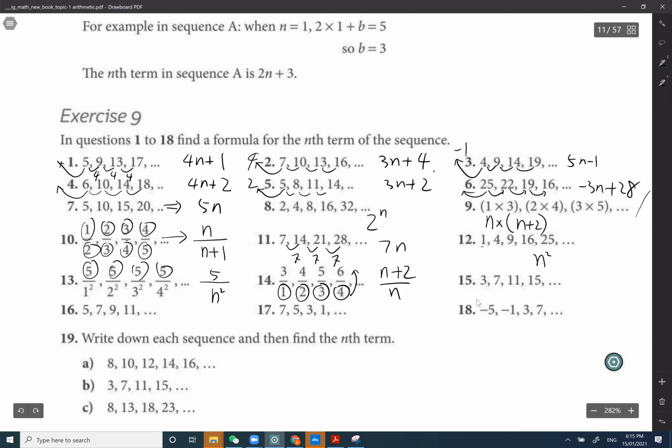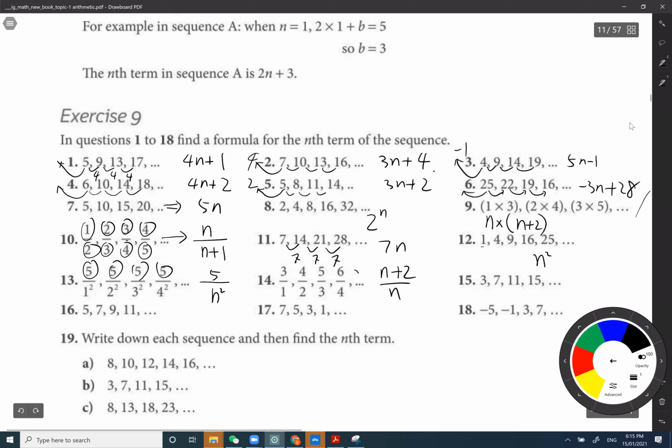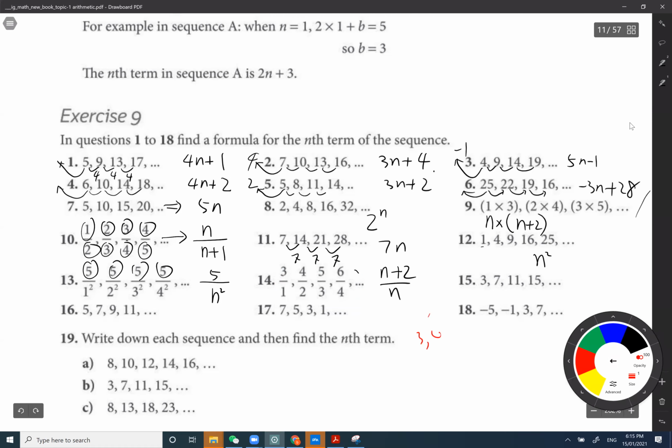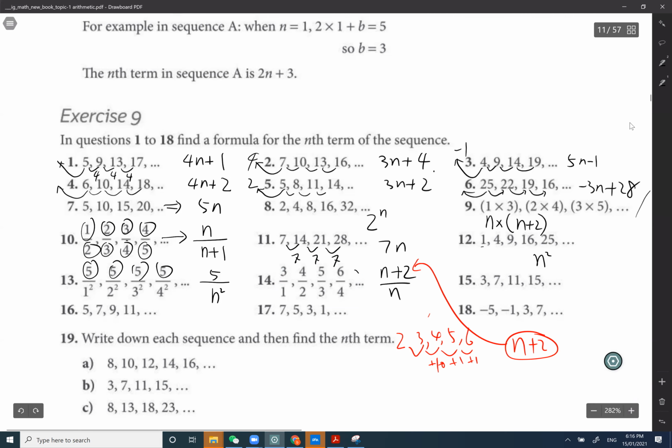Here to here, if you say plus 1, you are talking about this. How do we find the formula for here? 3, 4, 5, 6, always plus 1. If plus 1, we got n. The previous one is 2, so n plus 2 on the top. Okay, you need to rewatch the video for revision.